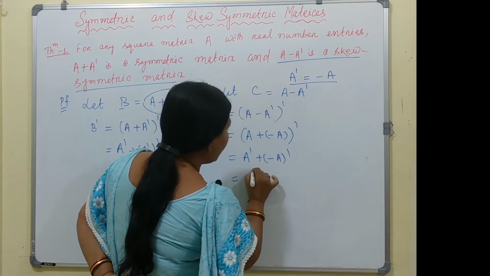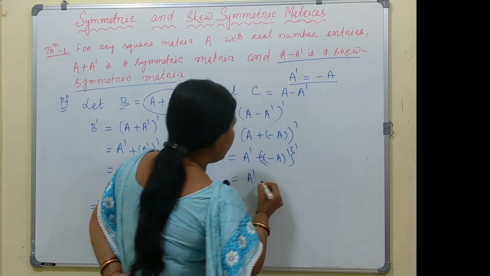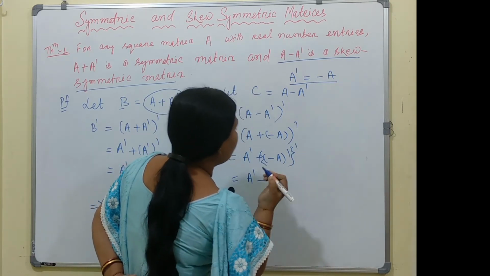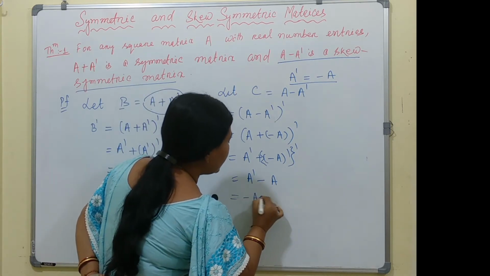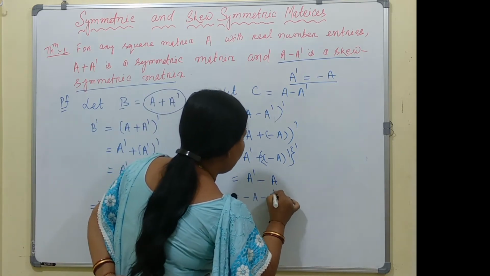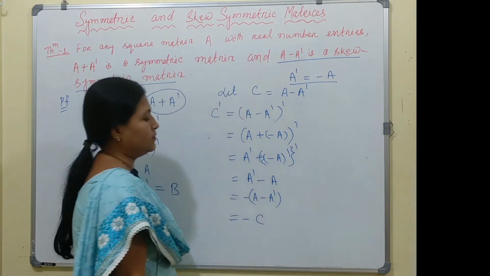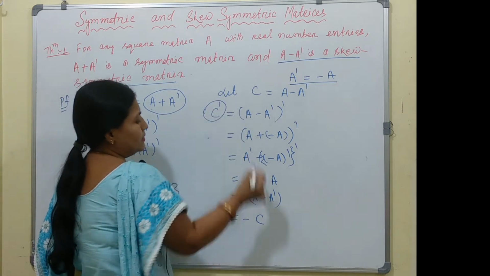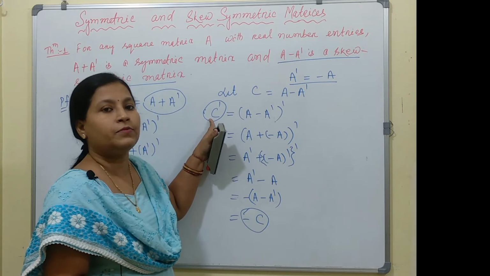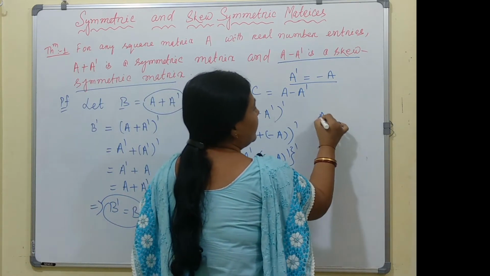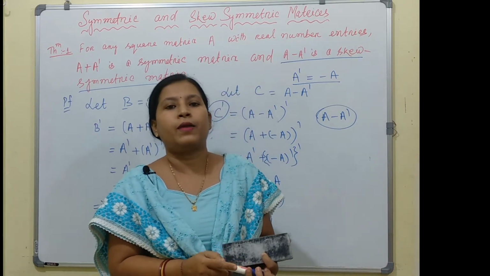That is equal to A dash minus A dash of dash, which is A dash minus A. So here we can write minus of A minus A dash. So here we get minus C. So C dash is equal to minus C. That means C is a skew-symmetric matrix. So here A minus A dash is a skew-symmetric matrix.